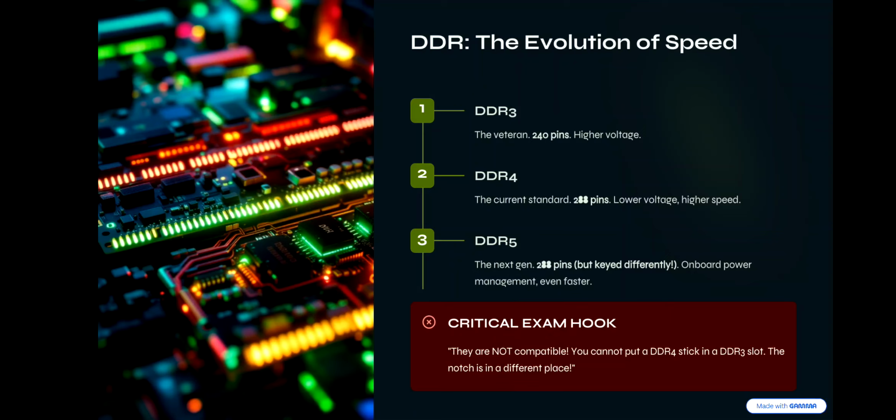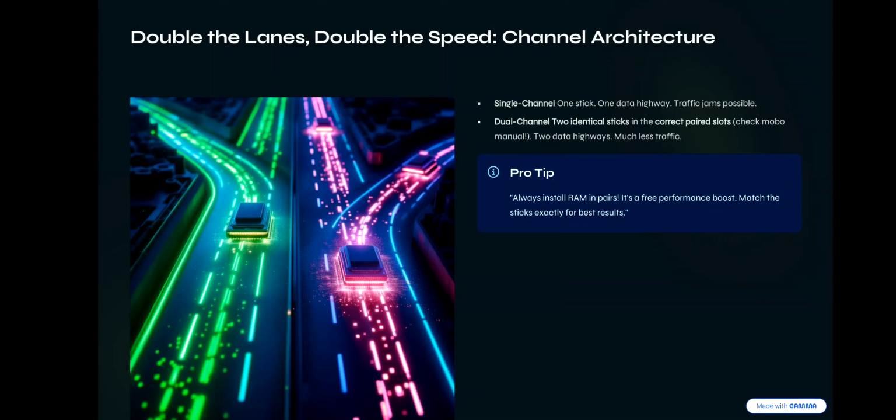Okay, and now we're talking about dual channel mode, how to supercharge your system. One stick of RAM is like driving on a single lane road at rush hour, and then you add another stick in the right slot, and then boom, you have dual channel, which is 2 lanes, then that is double the bandwidth, and the traffic is gone.